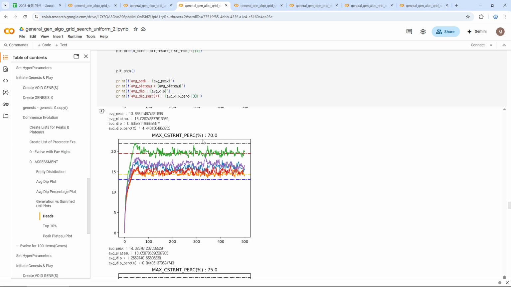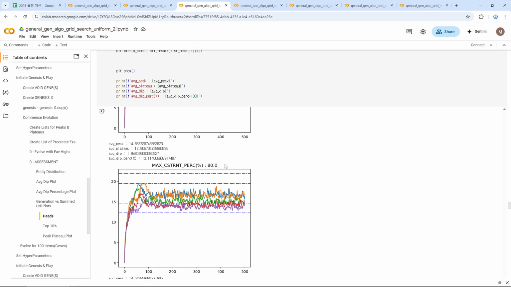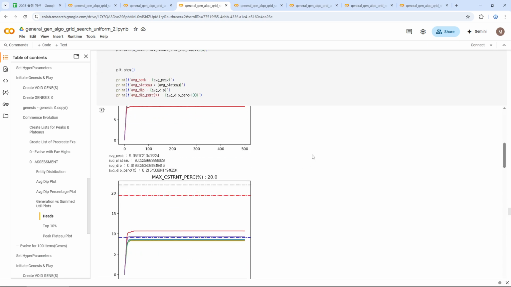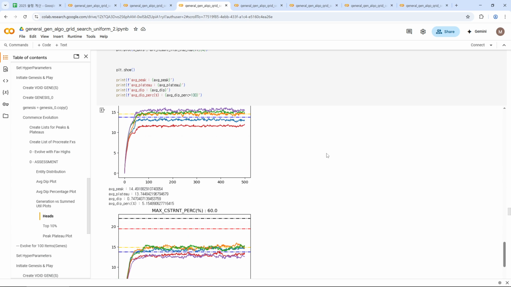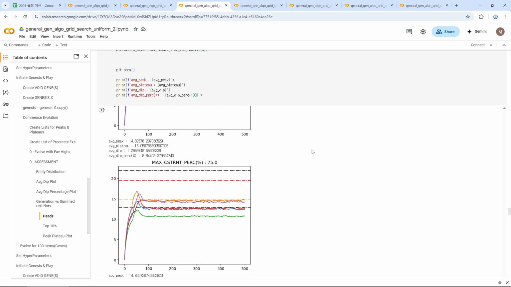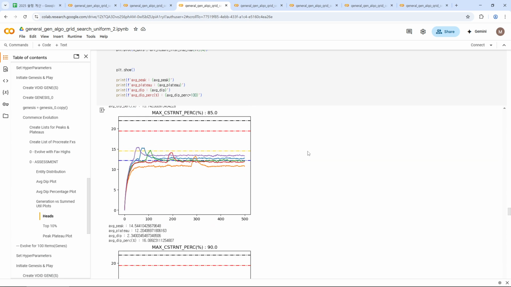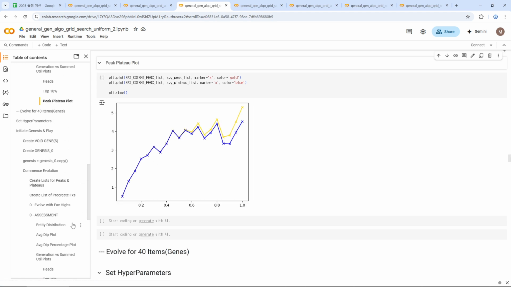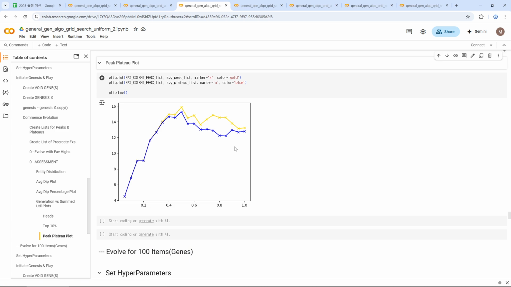The maximum ever happened at 70, 75, 80. At 70 it did. Let's see what happened at 70. And the peak plateau plot, yeah, kind of expected, kind of similar, I think. No, not that similar. I mean, similar to the ones we had before. I know I said I didn't have these plots previously, but from what I remember, this is quite similar.